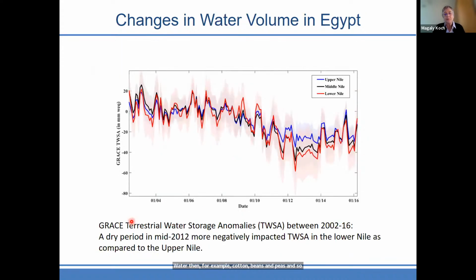Now, if we put that into context with another graph showing us what we call the terrestrial water storage, and how it has changed over time. Again, this is not from the 60s. This starts in 2002 probably, to 2016. We have now a way to measure the terrestrial storage from space.